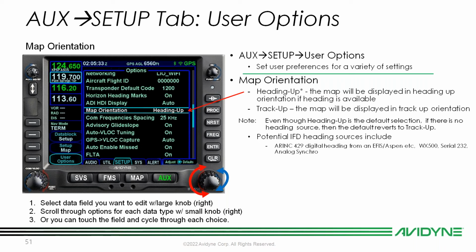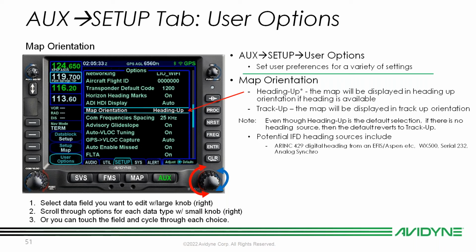So heading up is going to be the default here in this case, but if you don't have a heading source coming into the IFD, then the default is going to revert to a track up orientation. That's going to be that other setting in your map page as I'm toggling through with the lower right knob and pushing those in and seeing my different orientation settings.